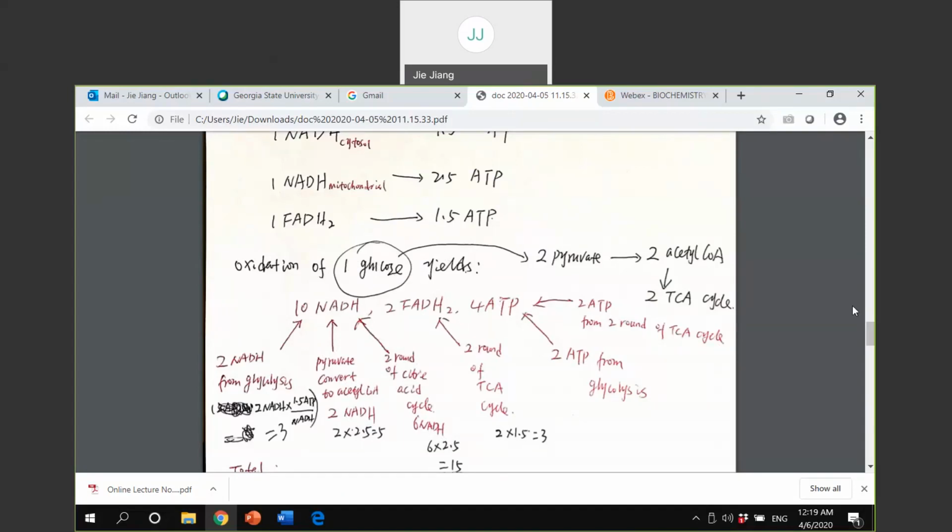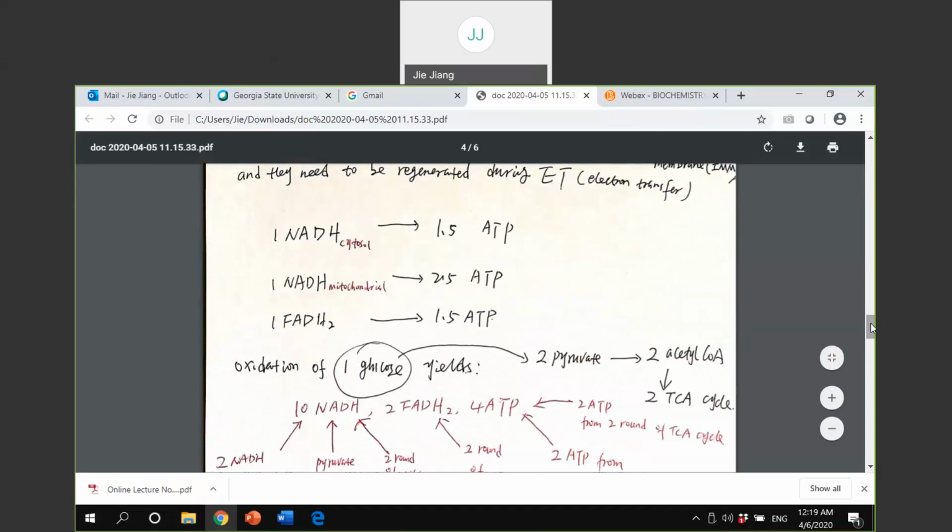So now let's see how these two cofactors will generate ATP. One NADH from the cytosol, if you see the C in your PowerPoint, it means cytosol, will generate 1.5 ATP. One NADH in the mitochondria will generate 2.5 ATP.